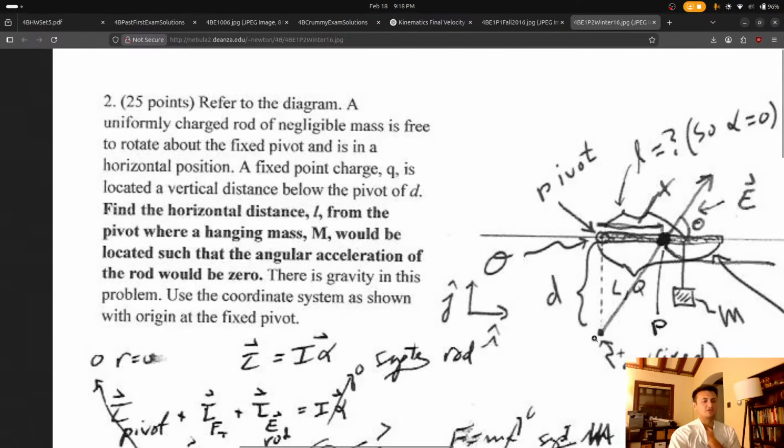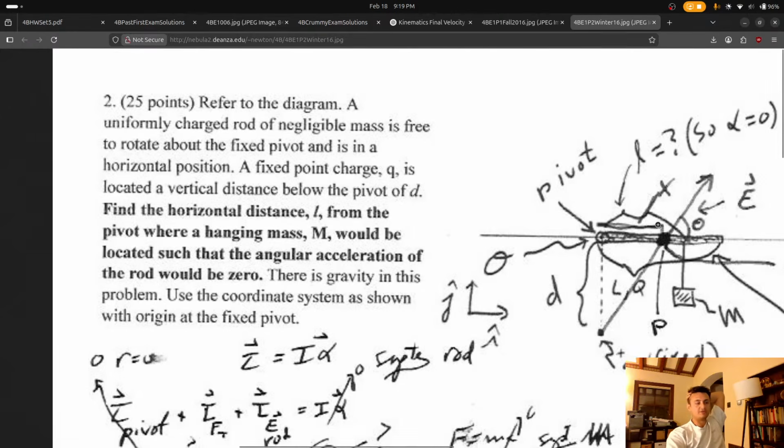Then here we're going to have E, and E is going to be a weird vector, but E is going to be KQ over D squared plus X squared. I said Y earlier, I meant X. We're going to have to do the full vector thing, but that's chill.